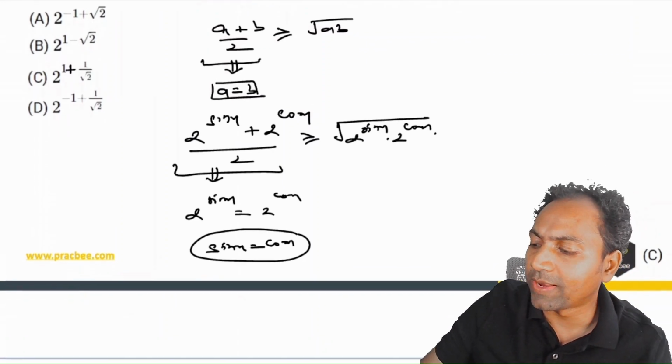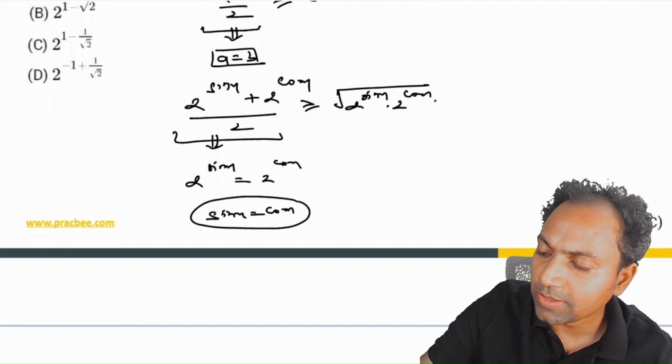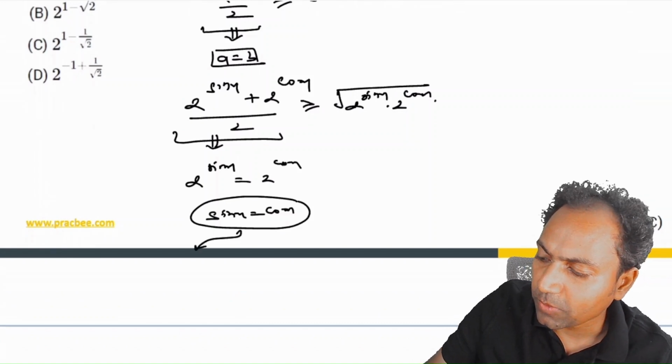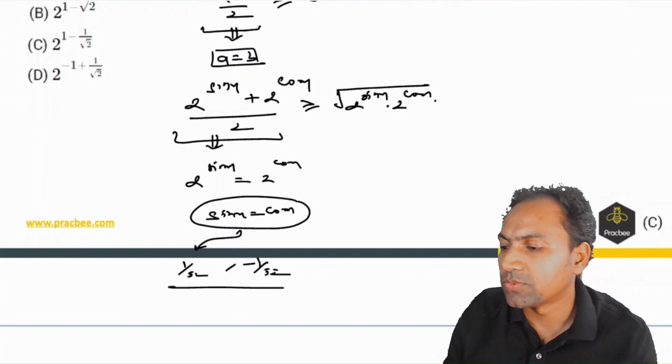So there are two values possible. One of the possible values is 1 by root 2. Another possible value is minus 1 by root 2.